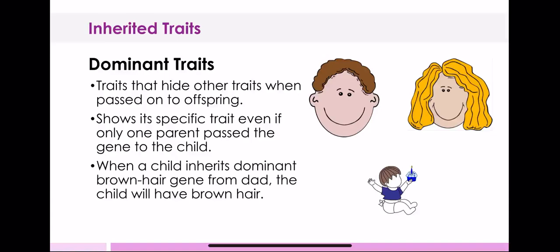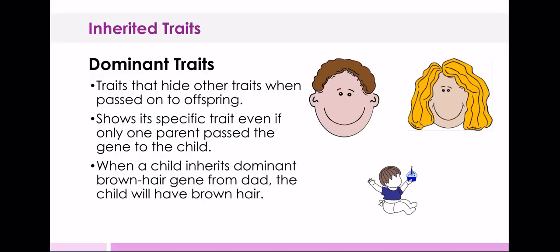When a child inherits dominant brown hair gene from dad, the child will have brown hair. Even though the mother in this example on the right has blonde hair, blonde's going to be what we call a recessive trait.